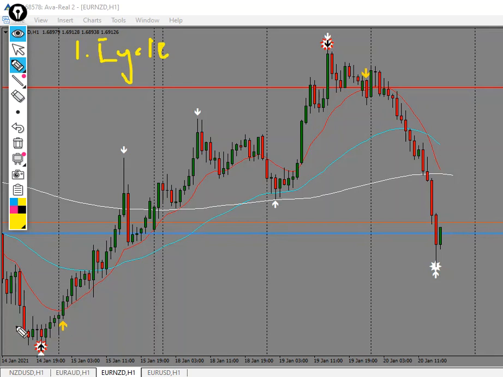The cycle is there. We have a nice W pattern. The entry magnifier gave an entry point there, a nice one, level 1, level 2, and then level 3 is identified by a pattern.